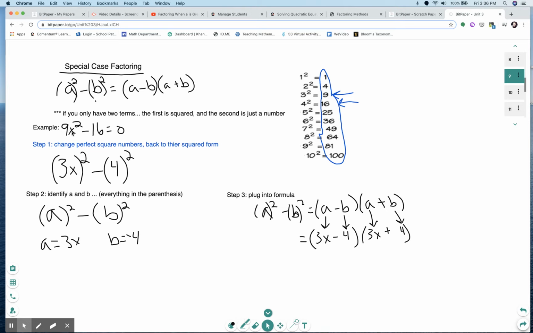We change 16 into 4 squared, and we change 9 into 3 squared. And then we pulled out the squares. Step 2, identify A and B, which is everything inside the parentheses. Step 3, plug into the formula. This is just a quick second example that I wanted to show you. You could copy this one down in your notes as well.